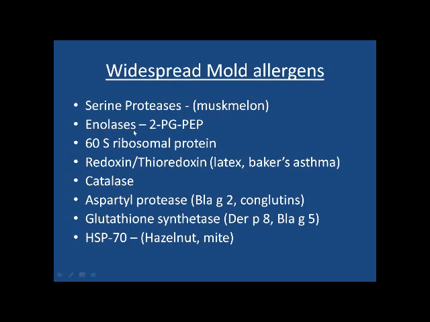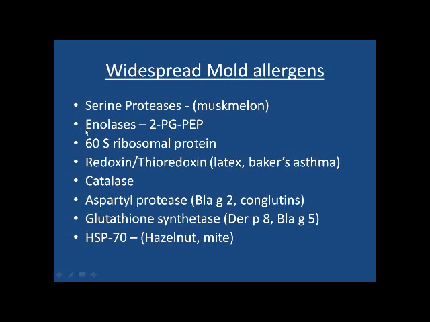The enolases seem to be very prevalent mold allergens, and I can't really explain that one. It's the enzyme, if you recall, in the glycolytic pathway, where 2-phosphoglycerate is made into phosphoenolpyruvate, which is a very important step because the next step you get some ATP out of.